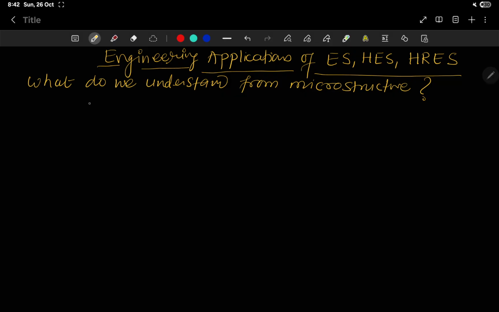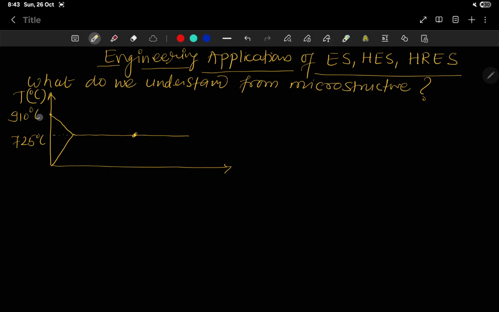Okay, fine. So just before starting this lecture, I am again drawing the eutectoid steel diagram. This is one line, and this point we have taken as the eutectoid point, and this temperature is 725 degrees Celsius. This is temperature in degrees Celsius. This point is 910 degrees Celsius.